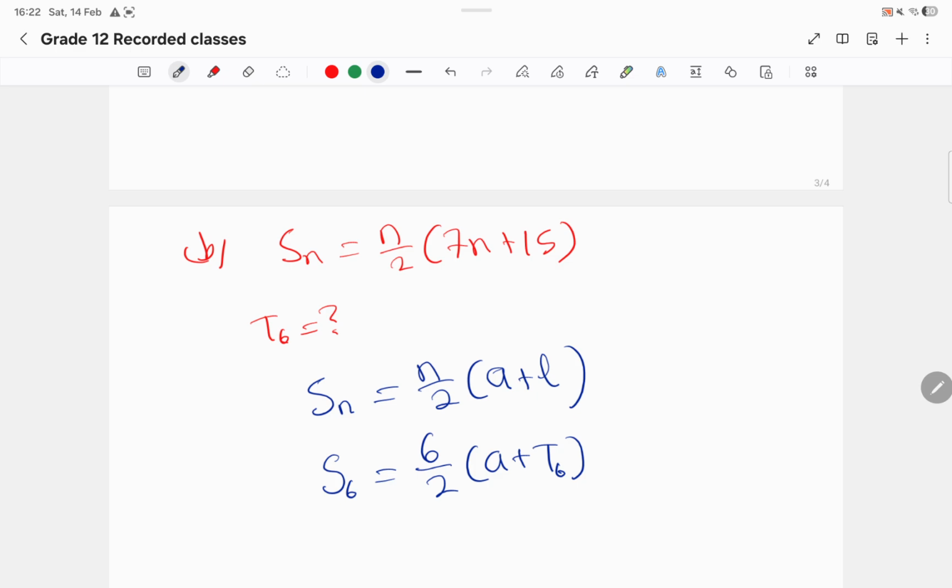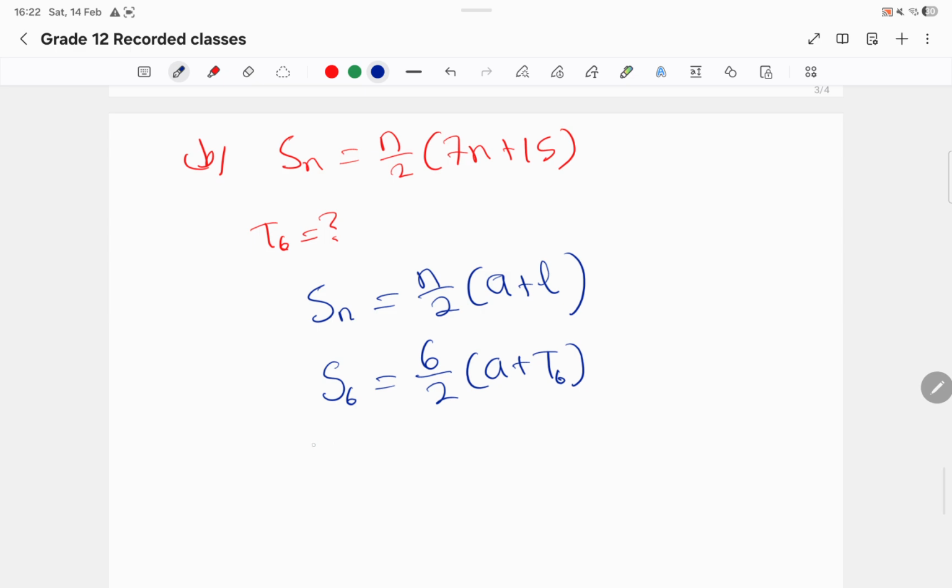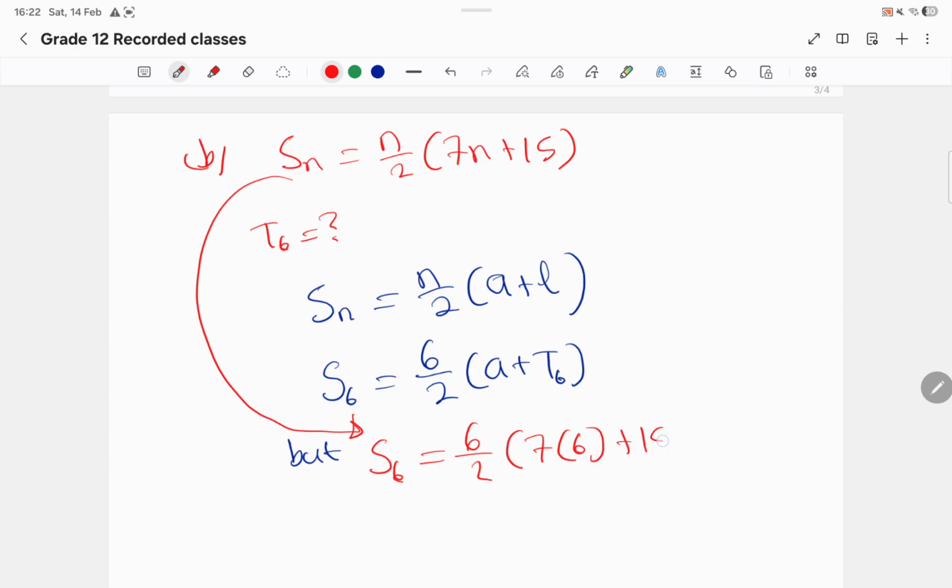So what we want to do is get S6 by using the formula that is given. We can use this formula to calculate S6. So it's going to be 6 over 2 into (7 into 6 plus 15).